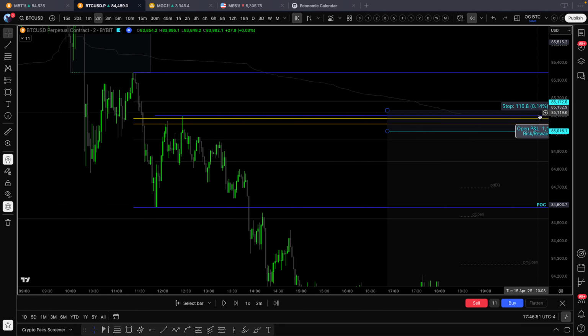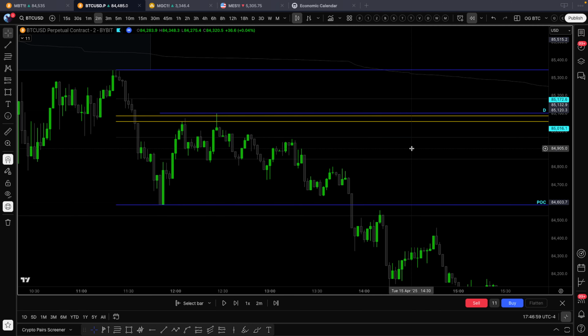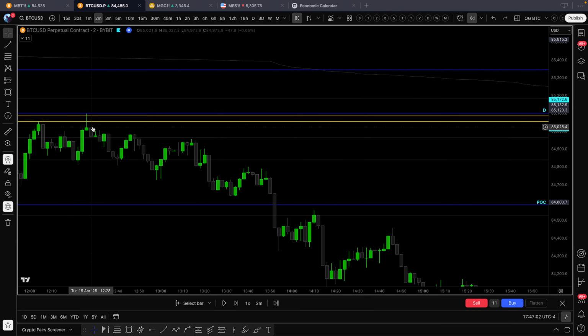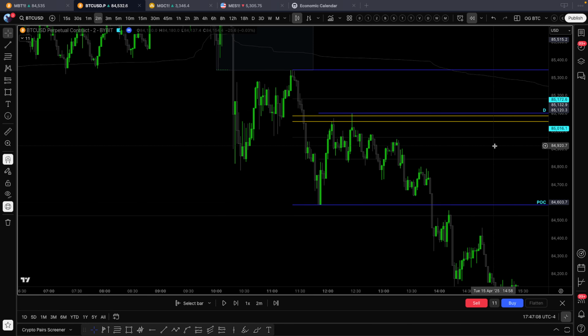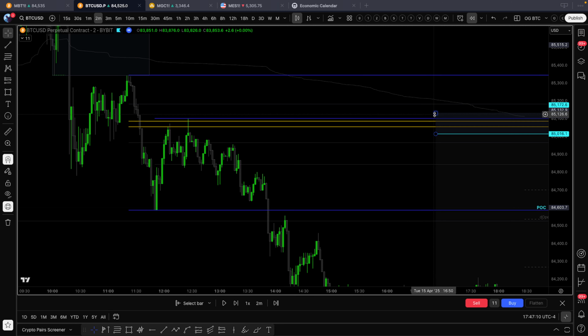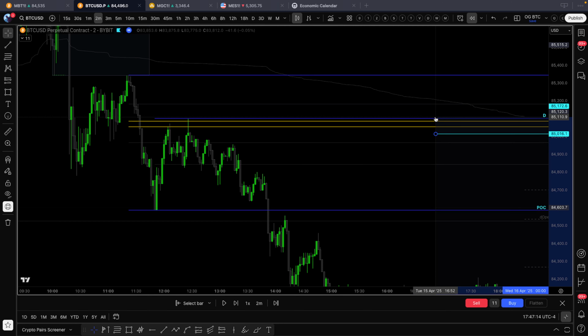You can see this capital D over here is a daily level. So I market-ed in as soon as this gray candle closed right here. As soon as this closed below and this gray candle opened right here, I opened a short. And then I put my stop loss right above the high and right above the daily.